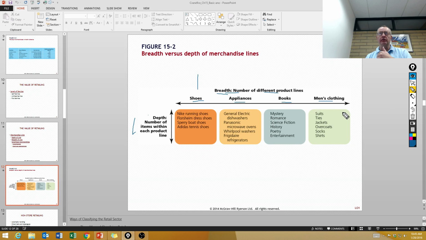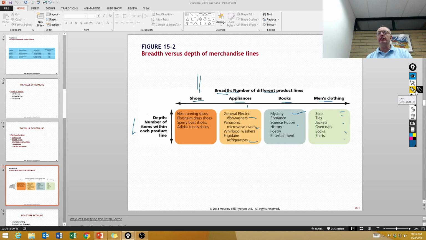So at Walmart, we have suits. So under men's clothing, we have suits, ties, jackets, overcoats, socks. And then they have books, mystery books, appliances, dishwashers, microwave ovens, refrigerators, shoes, and so on. So we have many different product models within each type.